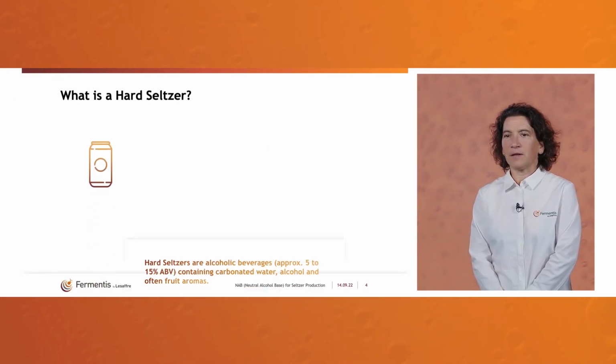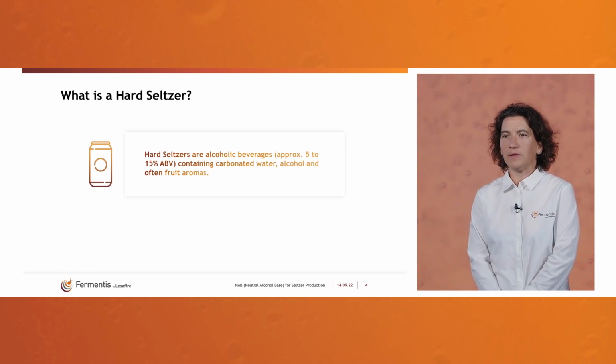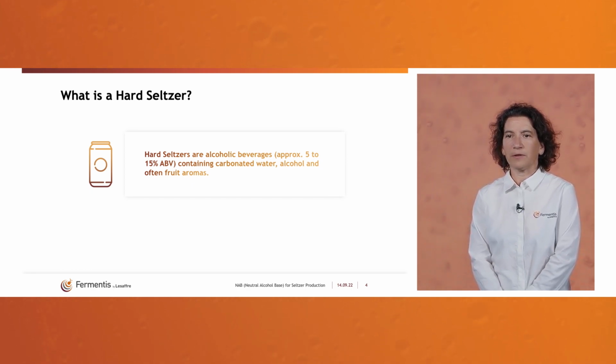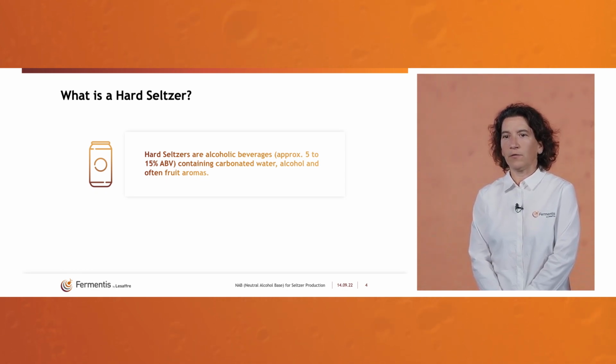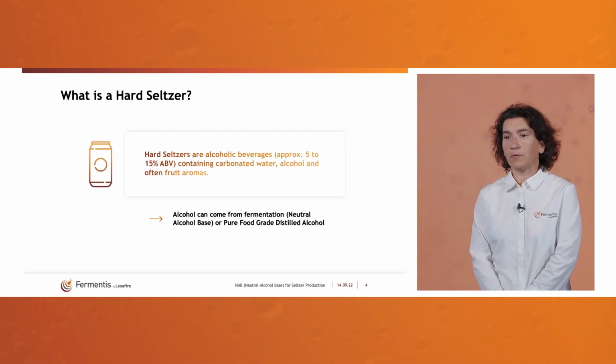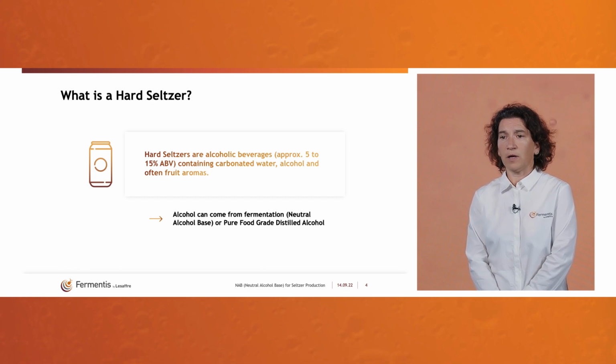So what is a hard seltzer? Hard seltzers are alcoholic beverages with approximately 5 to 15% of ethanol, containing carbonated water, alcohol, and often fruit aromas. Alcohol can come from fermentation or pure food grade distilled alcohol.